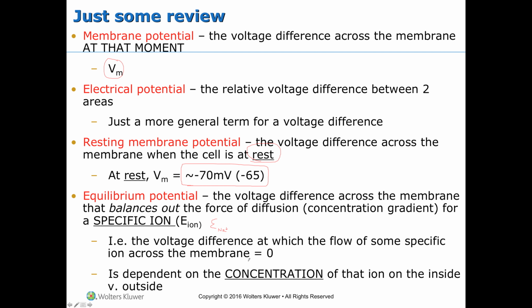This is going to be dependent on the concentration of that ion on the inside versus the outside. For example, potassium's equilibrium potential is roughly about negative 80 or so millivolts, whereas the equilibrium potential for sodium is about positive 62. That is due to the difference of concentrations inside versus outside of those respective ions.